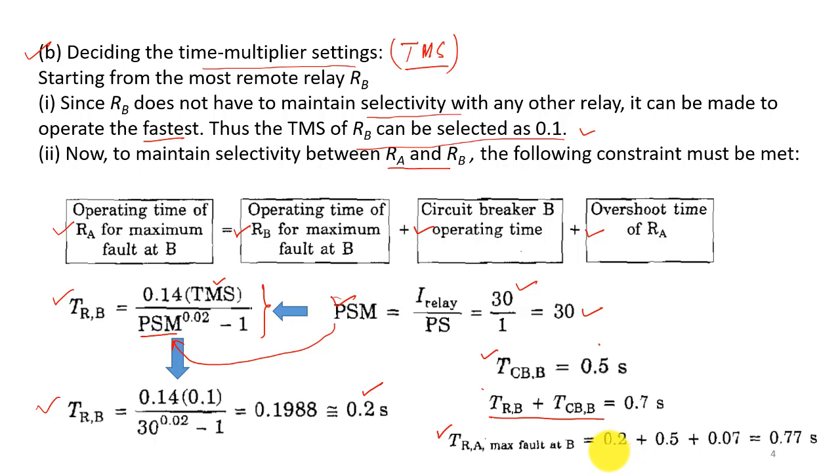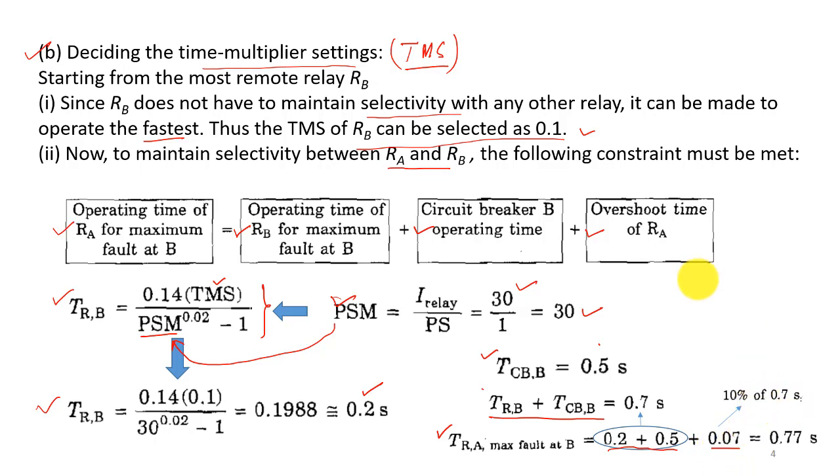0.2 plus 0.5 are nothing but the relay operating time at bus B and the circuit breaker operation time, that is 0.7. And 0.07 is the 10%, which we call the overshoot time for relay A. So 10% of 0.7 will be 0.07.